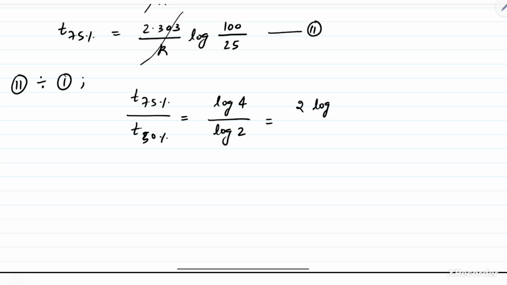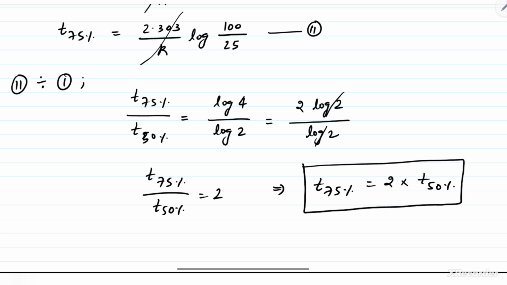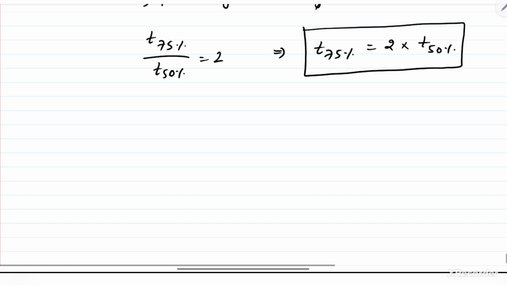So I can write it as 2 log 2, and this is already log 2. So log 2 cancels out. That means T 75% divided by T 50% is equals to 2. That means T 75% is equals to 2 times of T 50%. So when you put in values, you are making it complicated.